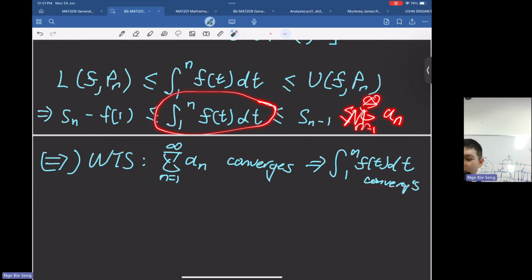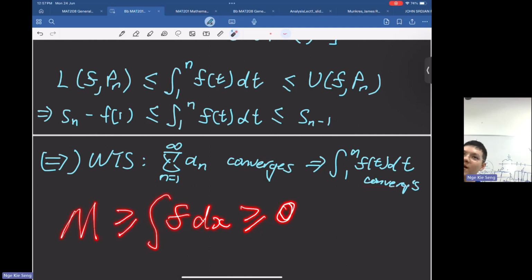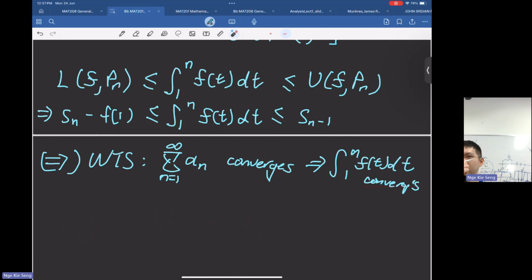We have proved that if a function is positive, then the integral is also positive. So you are positive, and you are bounded by some number. If this number is 0, then I'm good, because by the squeeze theorem, it is 0. But if this m is some positive number, we cannot quite deduce it.